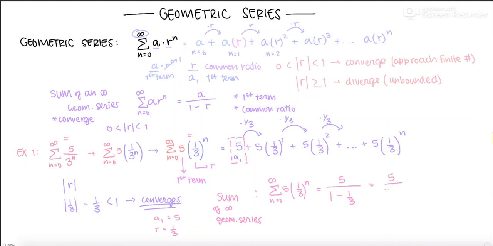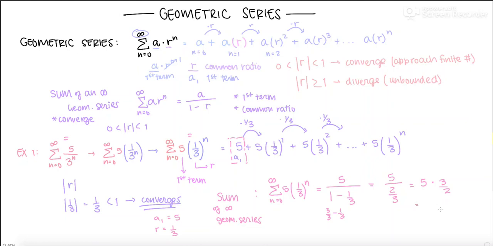So 5 divided by 1 minus 1/3, that's 3/3 minus 1/3, which is 2/3. And then if I do that, it's 5 times 3 over 2, because I just rewrote that and took the reciprocal.